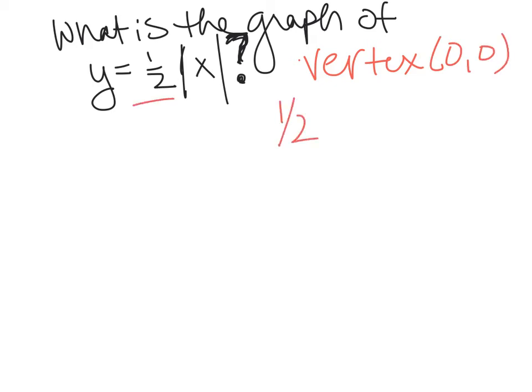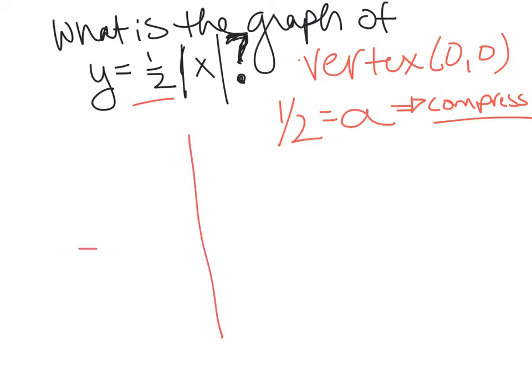The 1/2 is the absolute value of my A, and it's going to be a vertical compression. And we'll see what that looks like. It's a compression on the output values. But since it's the absolute value, it should be pretty easy. The A is going to work like a slope.